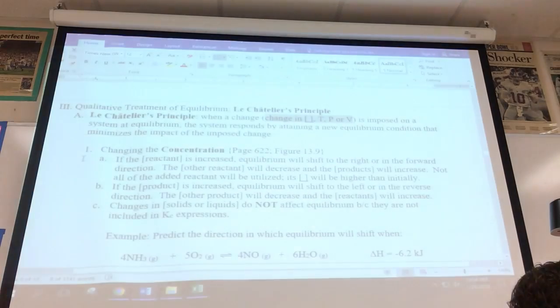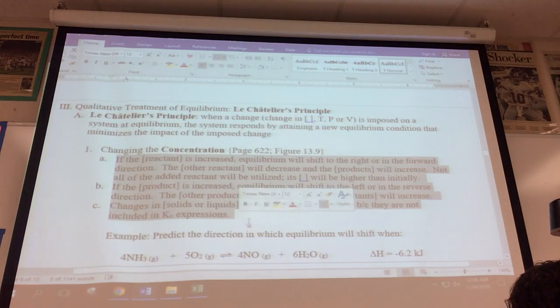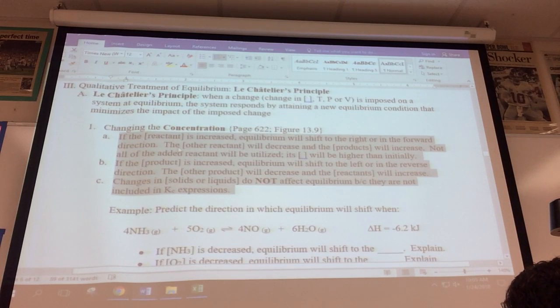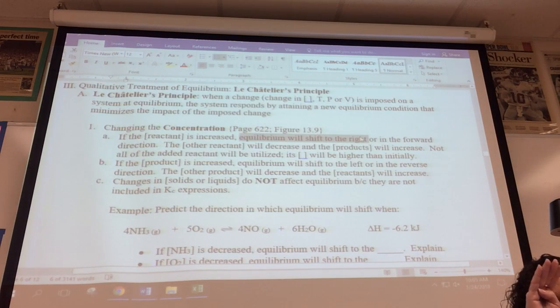All right, in regard to concentration, this is the fancy way. It is all written out. We've been through this. If you increase reactant concentration, equilibrium shifts to the right, and that's to utilize that particular reactant that you added. With a forward shift, reactant concentrations will decrease, product concentrations will increase.